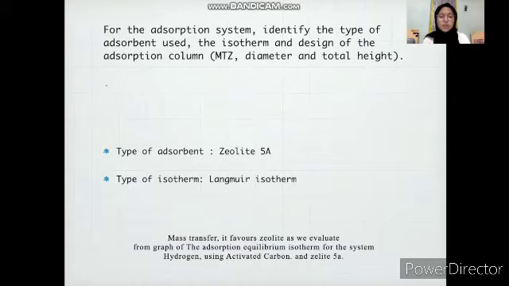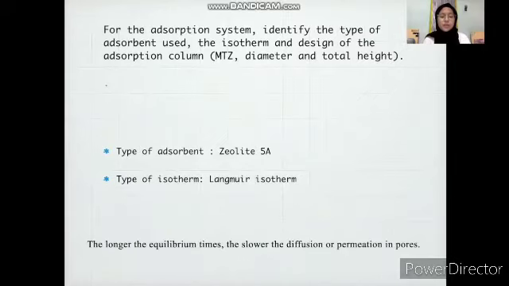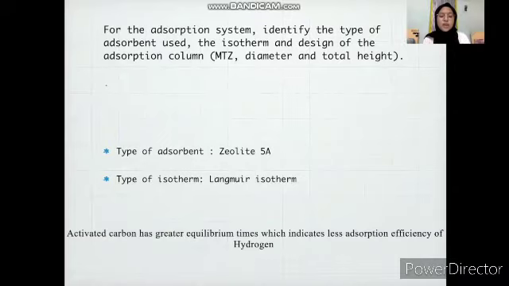As we evaluate from the graph of the adsorption equilibrium isotherm for the system hydrogen using activated carbon and zeolite 5A, it shows that the longer the equilibrium times, the slower the diffusion or permeation in pores. And activated carbon has greater equilibrium times, which indicates less adsorption efficiency of hydrogen.